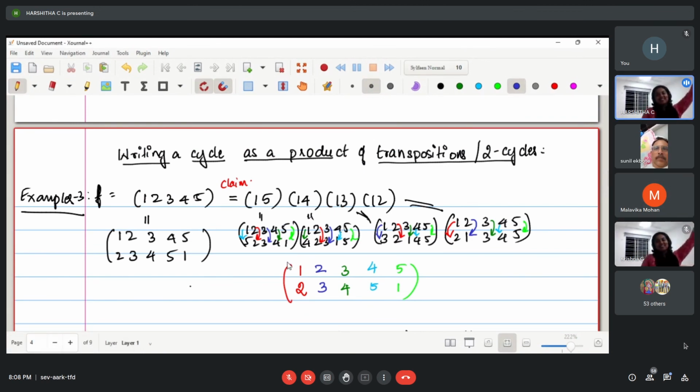So as I said, one way is you just think through it. You just think about boxes and how you would exchange them to go here. You can literally try it with boxes and see. You have two hands. You try to exchange them to come here. You'll reach this. And this is not the only way. There are other ways to do it also. This is not the only way of writing a cycle as a product of these. There are multiple ways. This is just one possible way, an easy way of looking at it.